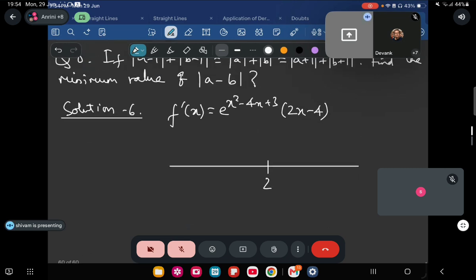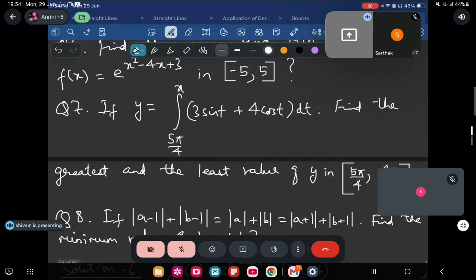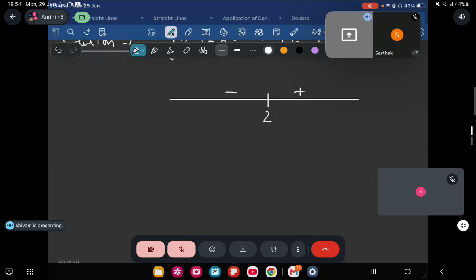Yes, tell me, Sarthak. Decreasing. Before 2, it is negative. After 2, it is positive. Right. So at 2, we'll get maxima or minima? Minimum. We'll get minima, right?